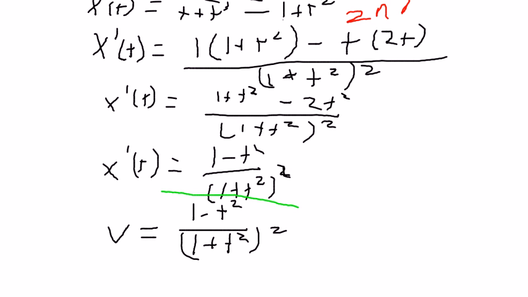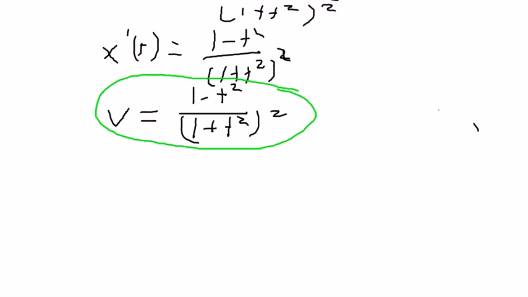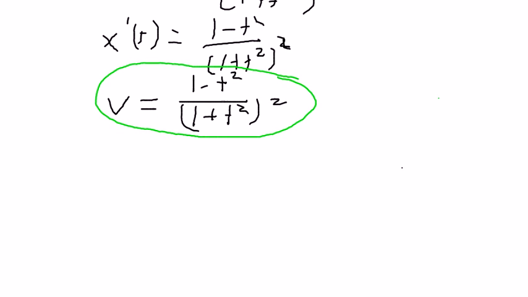And then this is our velocity. We have to remember that one because we're going to need to use it in other parts, such as right now, for example. We want to graph our velocity function to find when the particle is moving to the right, which is what part B asks.